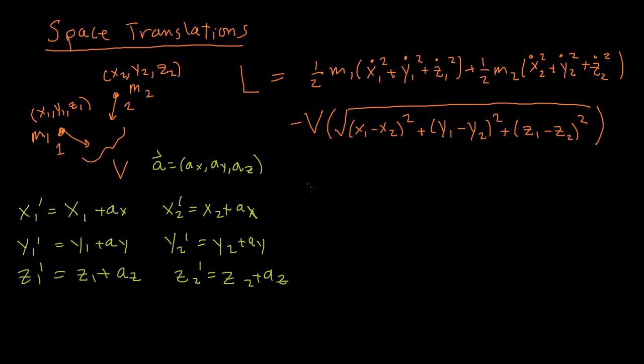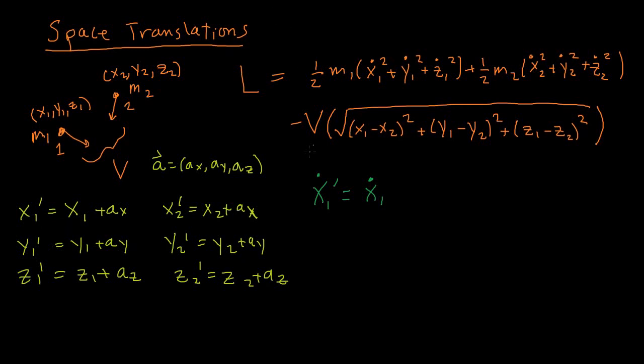This is because, as you can see, for example, x1 prime dot is equal to x1 dot. That's just because a sub x is a constant vector. It's not changing in time, whereas x1 and x1 prime are changing in time.